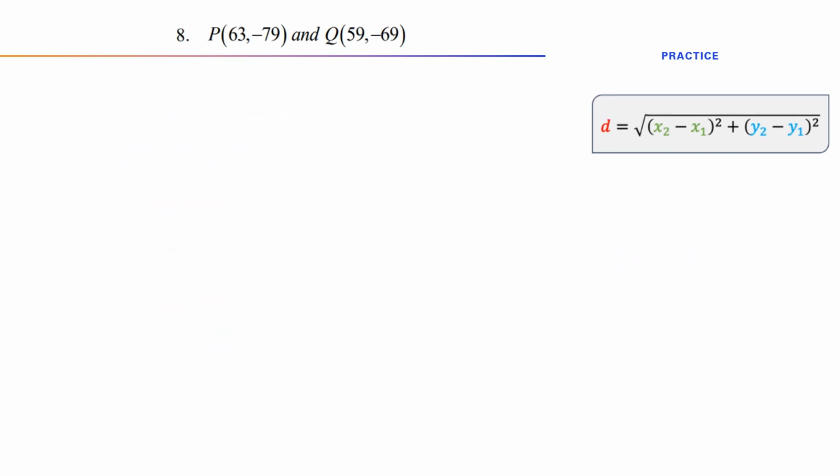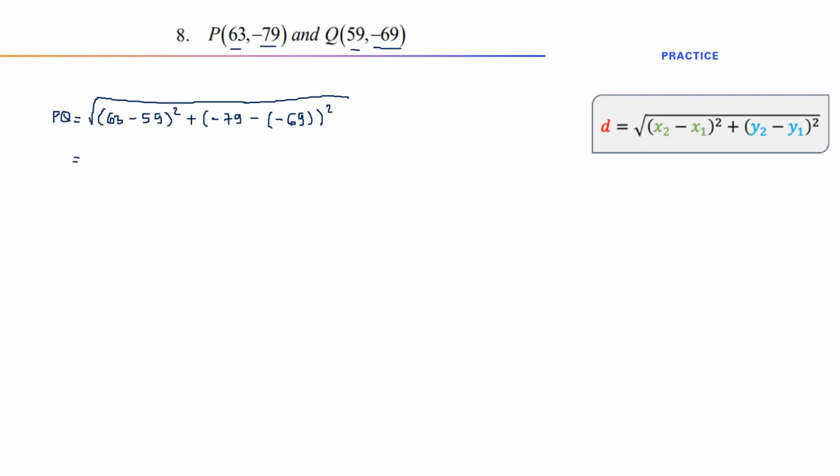For this question, when we apply it, we will have PQ, just plugging in one by one. We have 63 subtract 59, square, that's the x value, and then plus, the first y is -79 minus the second one, negative 69, all square.